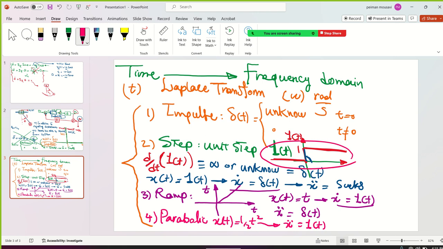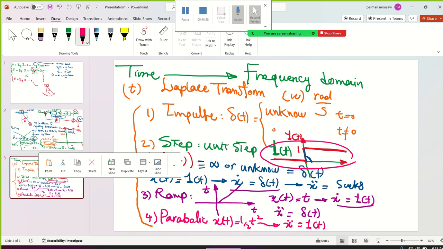Okay? So these 4 inputs to the system force us to go from time to frequency domain. You got it?